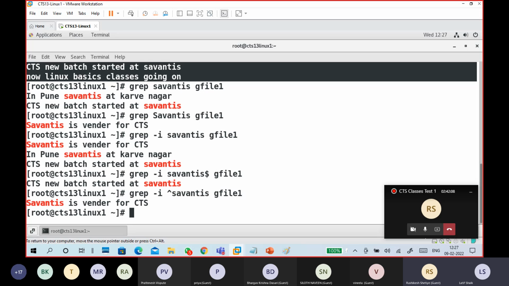That is caret. Caret means shift 6. Like dollar, but we use caret very little, right? So that is a caret. Okay, guys, understand what is the grep command?